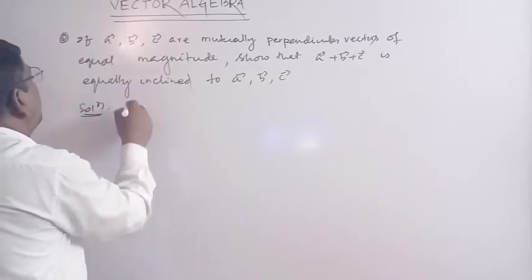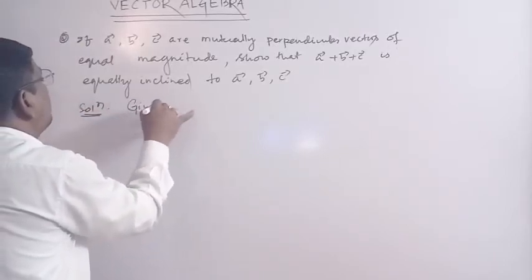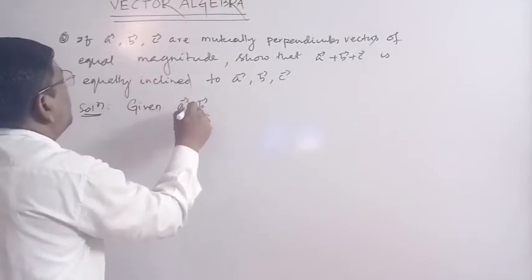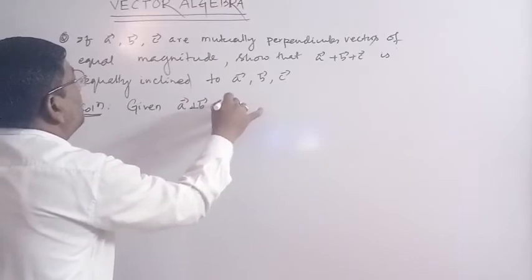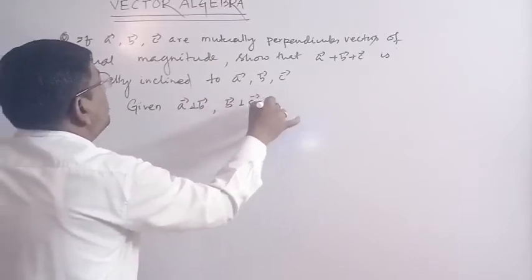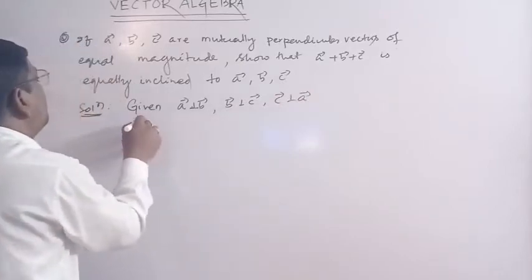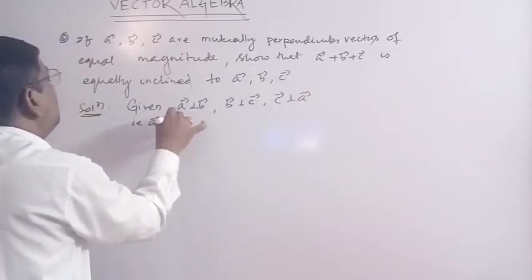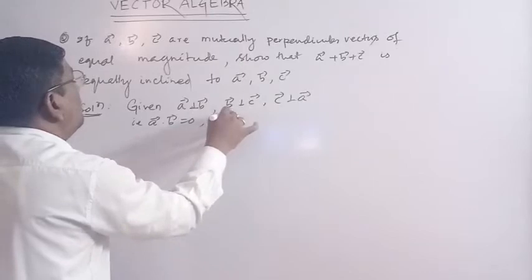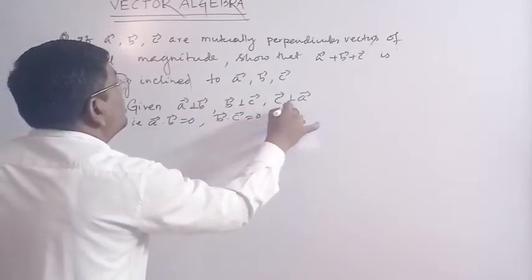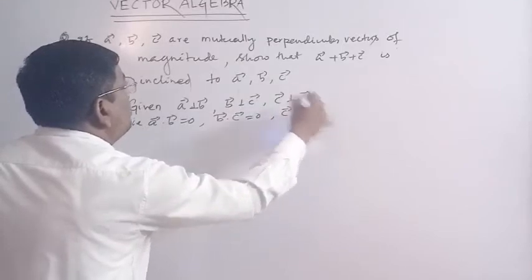Given A perpendicular to B, B perpendicular to C, and C perpendicular to A. That is, A dot B is equal to 0, B dot C is equal to 0, and C dot A is equal to 0.